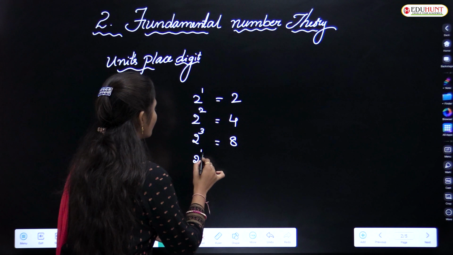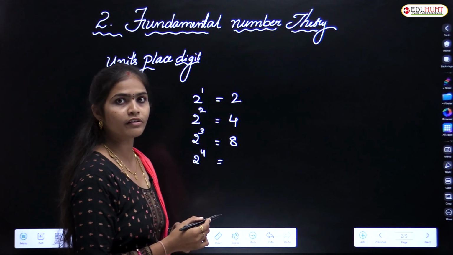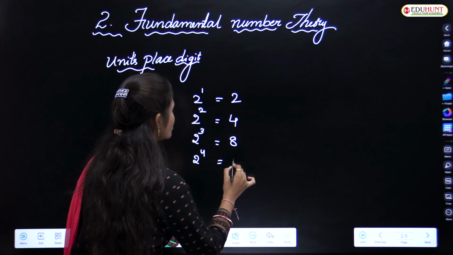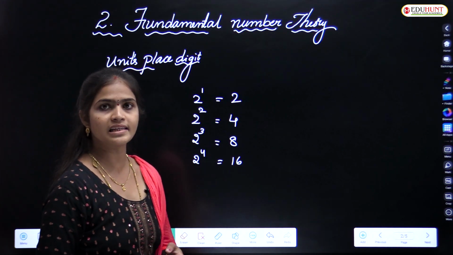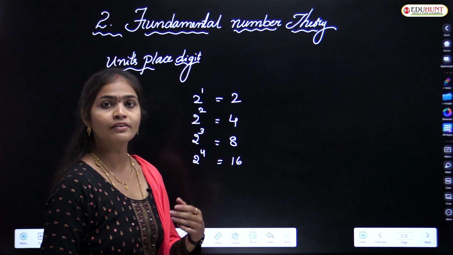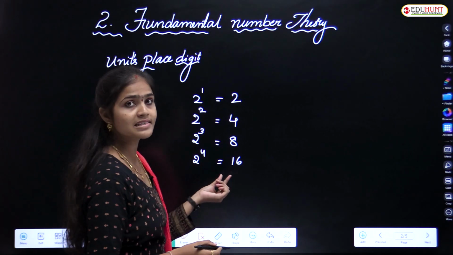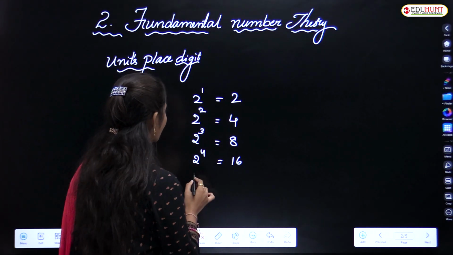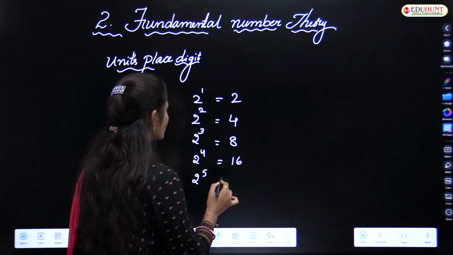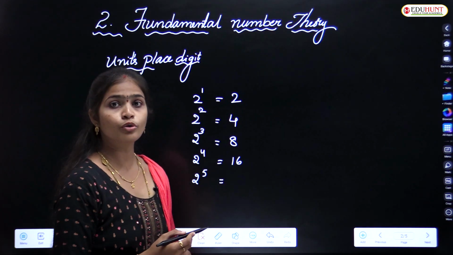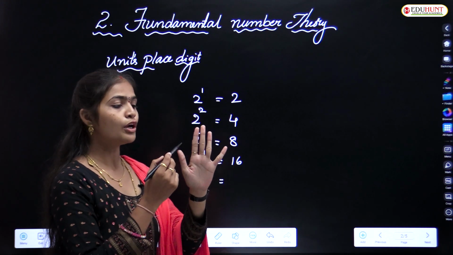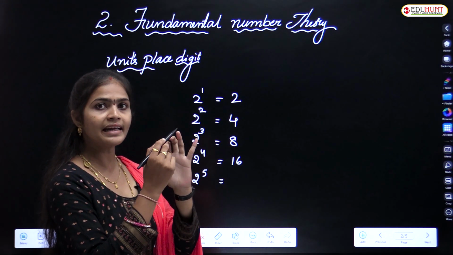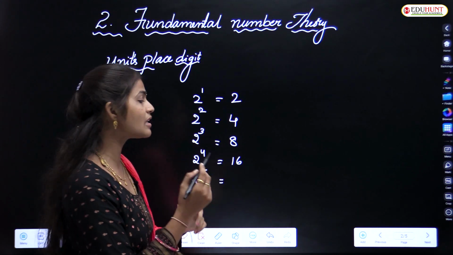And 2 power 4, what will you get? 2 power 4 is equal to 16, which means 2 2's 4, 4 2's 8, 8 2's 16. 2 multiplied by itself 4 times gives 16. Next, 2 power 5 means 2 multiplied by itself 5 times: 2 2's 4, 4 2's 8, 8 2's 16, 16 2's 32.